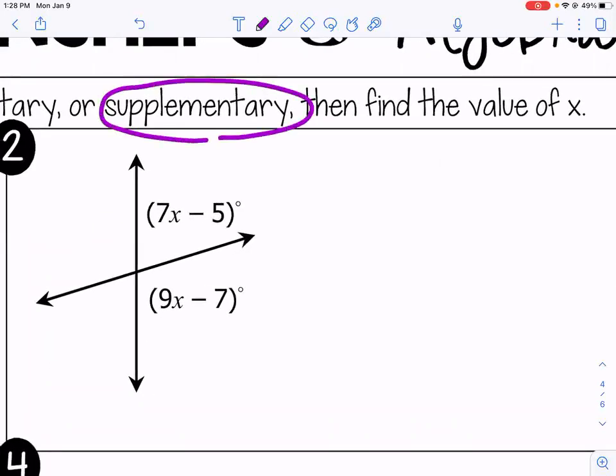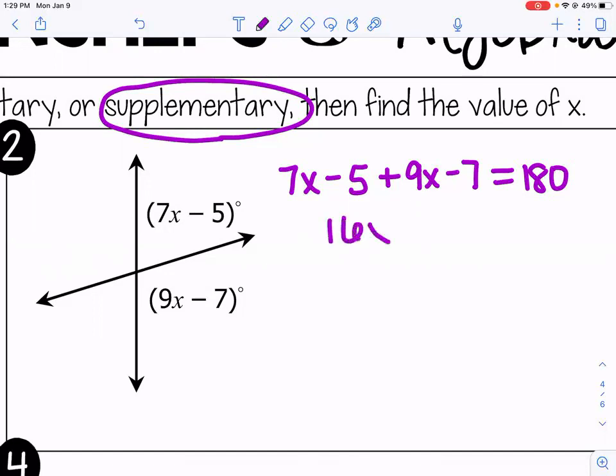So we know that 7x minus 5 plus 9x minus 7 should equal 180. So what is this? 16x minus 12 equals 180, right?